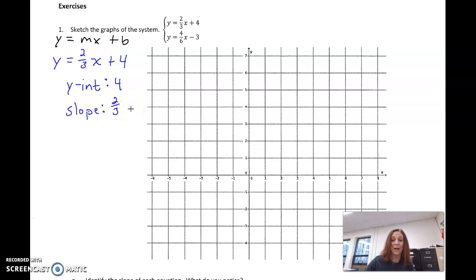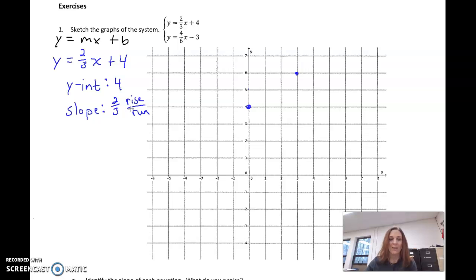Now remembering when we graph, we start by going to our y-axis and plotting our y-intercept. So I put a dot there at 4. And then I apply my slope from this point. Remember, slope is rise over run. So I'm going to rise 2, positive 2 going up 2, and then I'm going to go to the right 3.